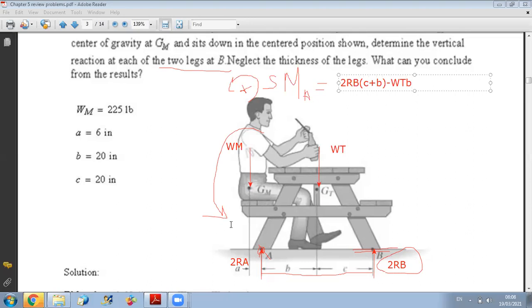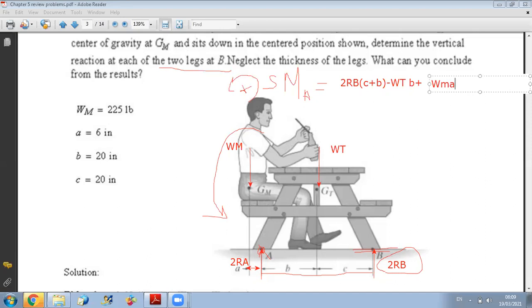The weight of the man is causing a counterclockwise moment. So it is plus W man times the distance, this distance here, which is A. So a plus W man times A.